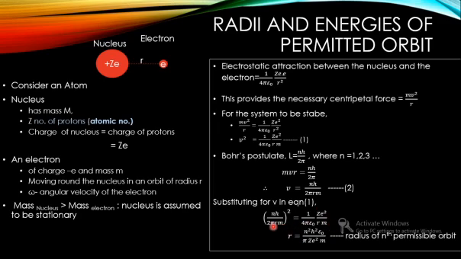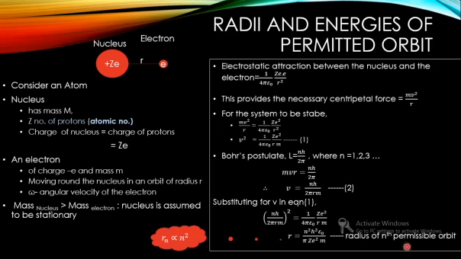So one of the m will cancel out. So finally what we have is n square h square divided by pi m, then Z e square from this side, and epsilon 0 in the numerator. Okay, so this expression is very important, and this gives us the radius of the nth permissible orbit.